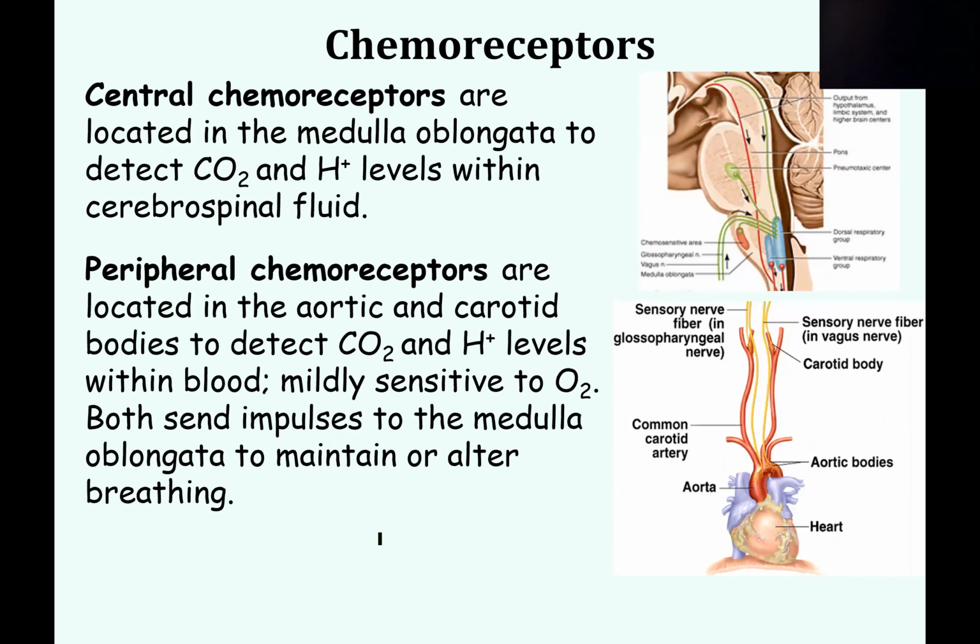Okay, you have chemoreceptors to detect the chemistry in blood and the chemistry in cerebrospinal fluids. So the central chemoreceptors are located in the medulla oblongata, which we've already mentioned. They again detect carbon dioxide and hydrogen ion levels within cerebrospinal fluid.